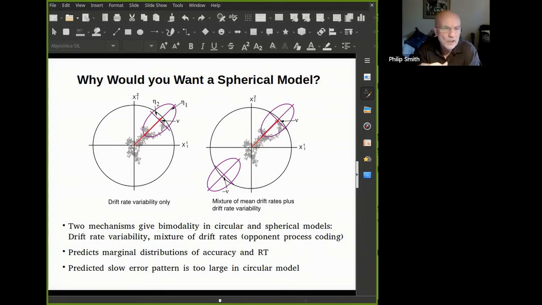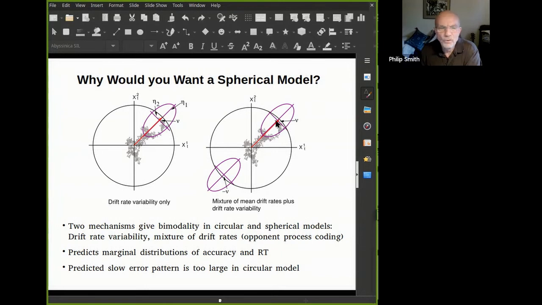You can't distinguish the models at the level of the marginal distributions, but if you look at the more fine-grained structure in the joint distributions, then you find that they make different predictions, as I will show you. So we looked at two mechanisms that might conceivably give bimodality in this task. Both involve drift rate variability. One simply involves drift rate variability along the axis of motion.